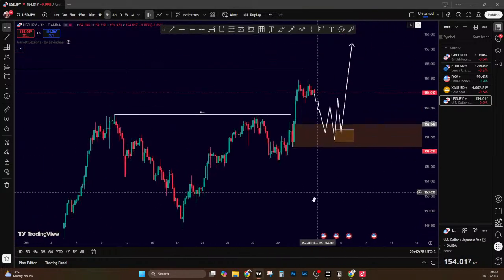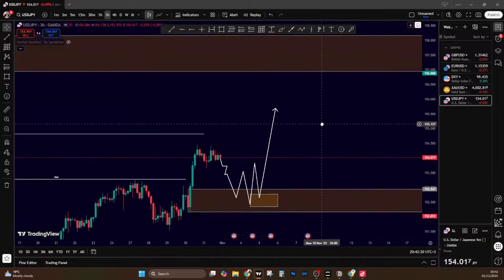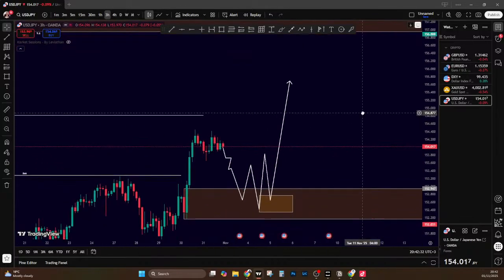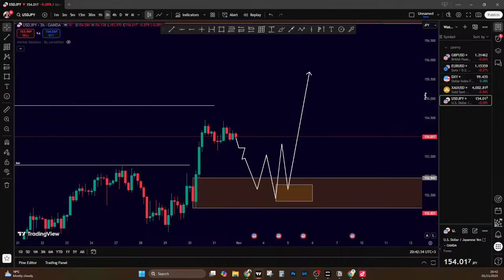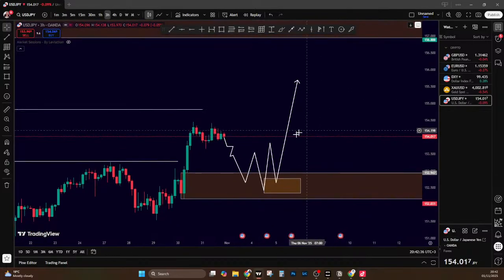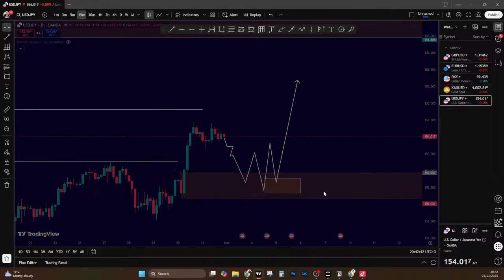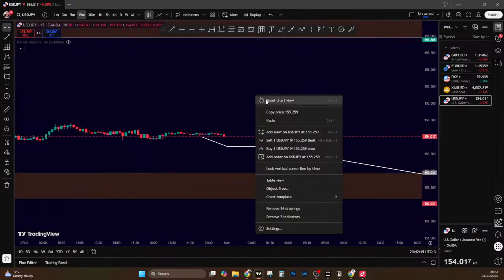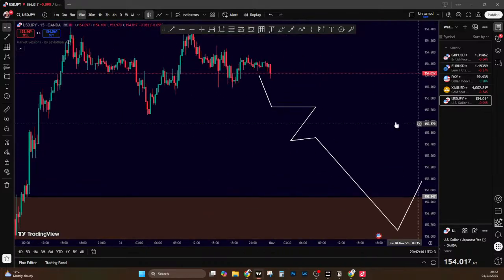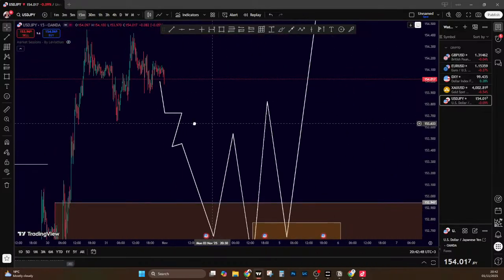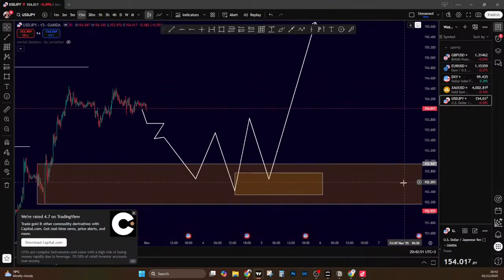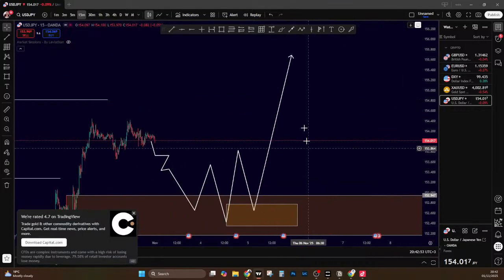So what you can do is you can be taking partials, because a market like this you cannot hold blindly. You can scale in. Let's say you take this in maybe the 15 minutes time frame. You can be scaling in every, let's say, 20 pips. You look for an opportunity, get another buy.